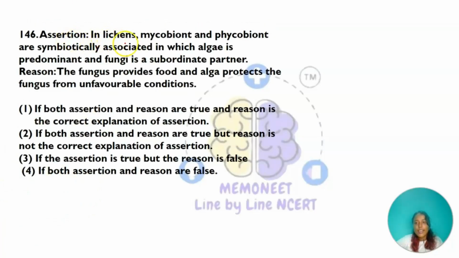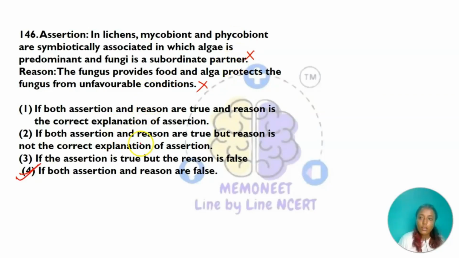Assertion given here is, in lichens, mycobiont and the phycobiont are symbiotically associated, in which algae is predominant and fungi is a subordinate partner. The fungi provides food and the alga protects the fungus from unfavorable condition, which is not true, and the assertion is not true as well.